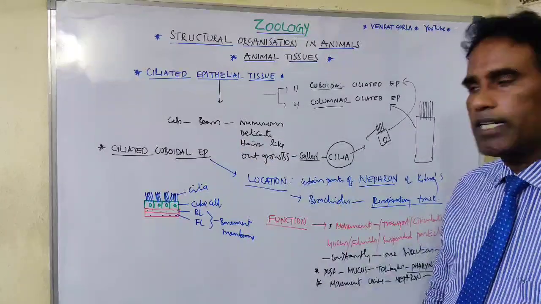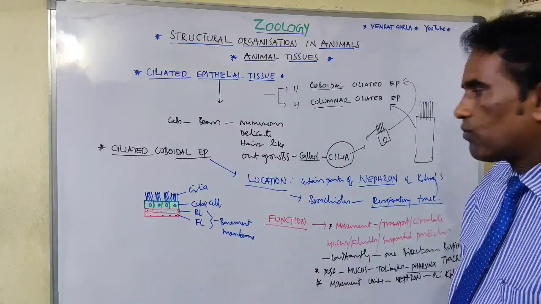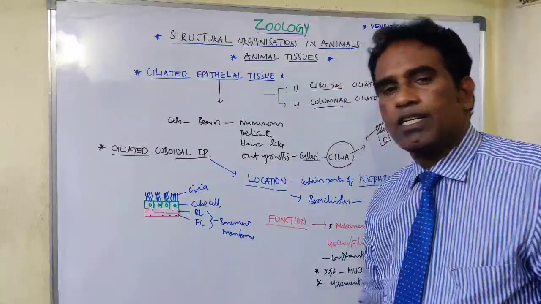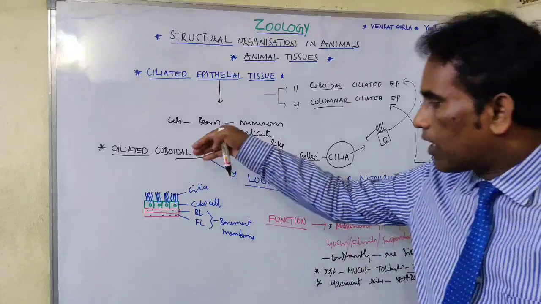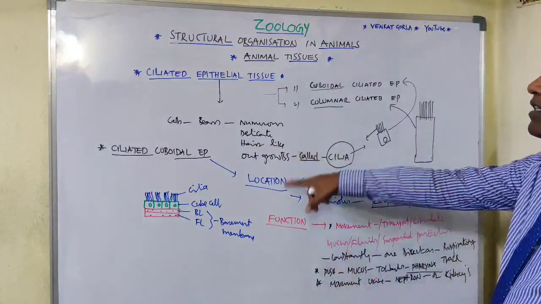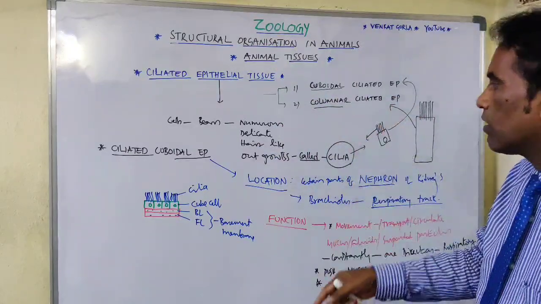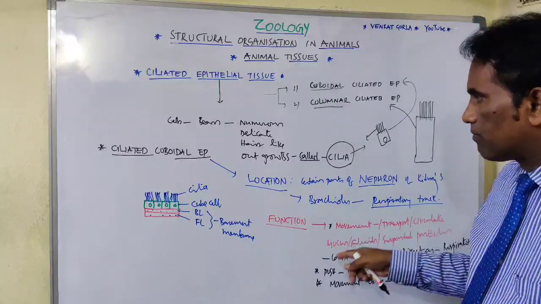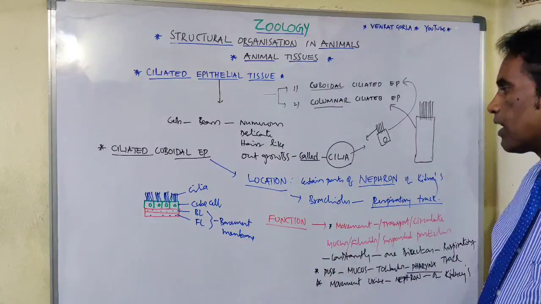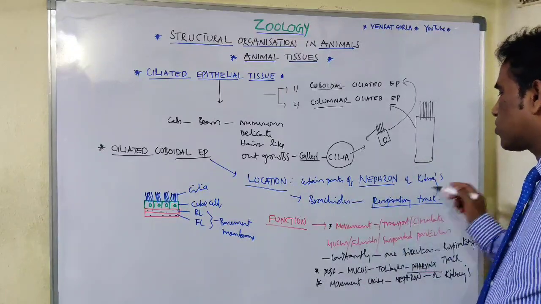So ciliated cuboidal epithelium has cilia on the free surface of the cells, and has a nucleus. The cells are cube in shape and lie upon the basement membrane. The cilia number from one to many, delicate hair-like outgrowths. It is located in the nephron of the kidneys and the bronchioles.